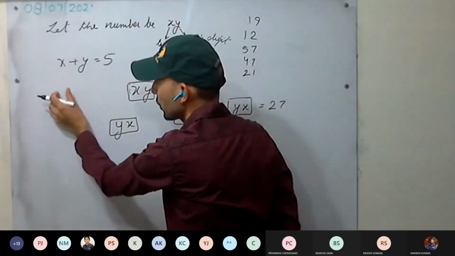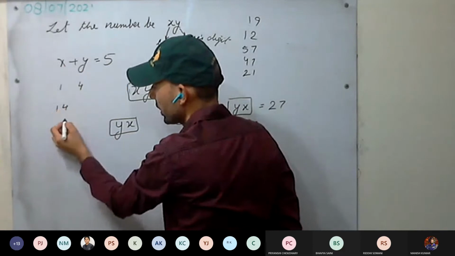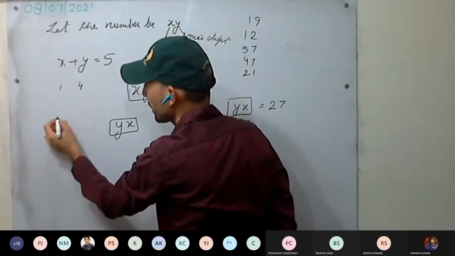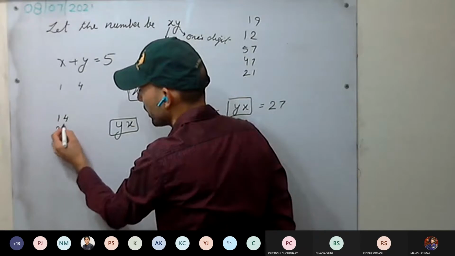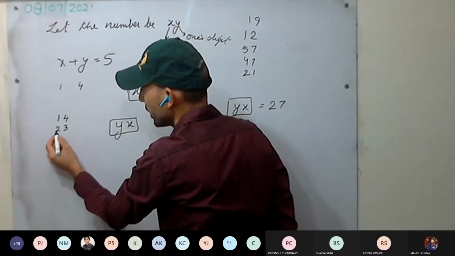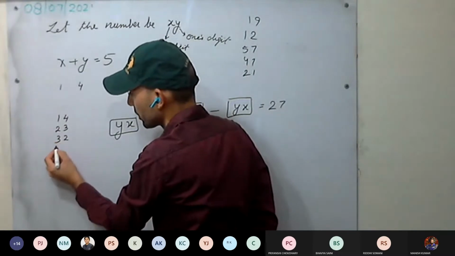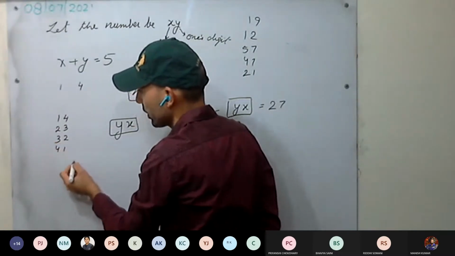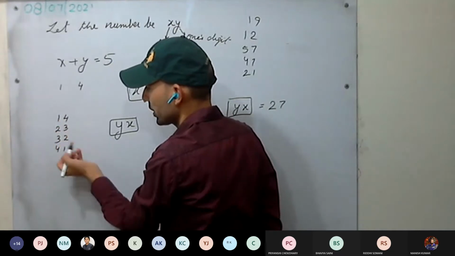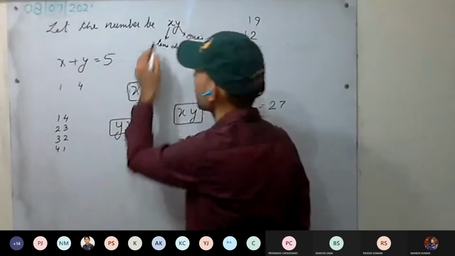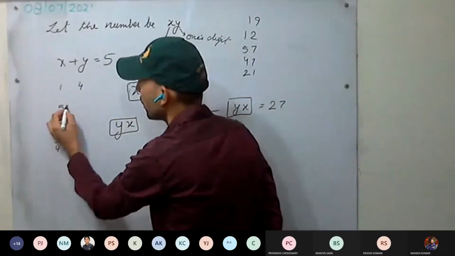That means if you choose one digit as 1, the other will be 4. So the numbers can be 14, 23, 32, 41, or it can be 50.